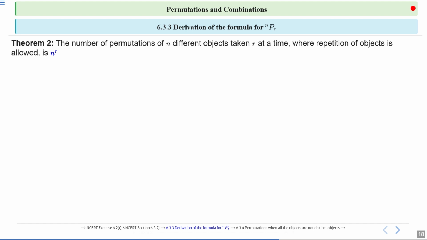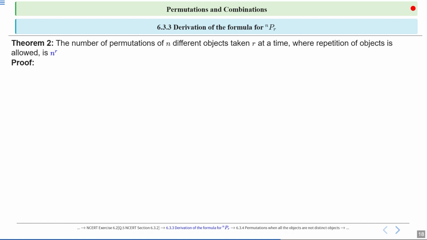For r different vacant places you have n choices for each. So the total number of permutations is n to the power r.